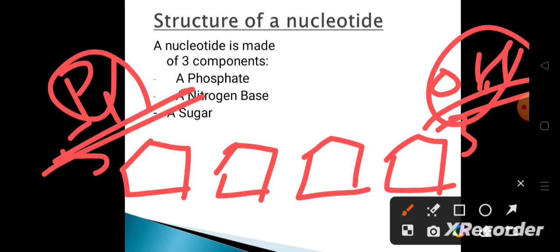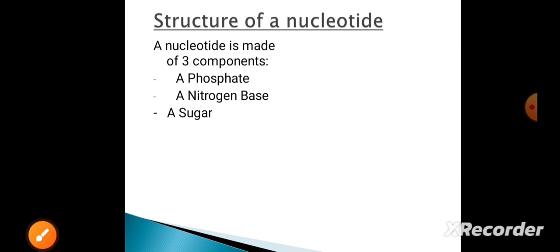Specifically, if we talk about the difference between DNA and RNA, in the case of RNA there is an additional OH group present at the 2 prime.